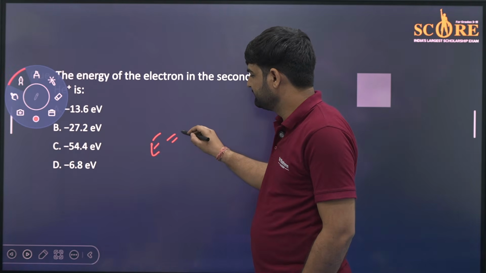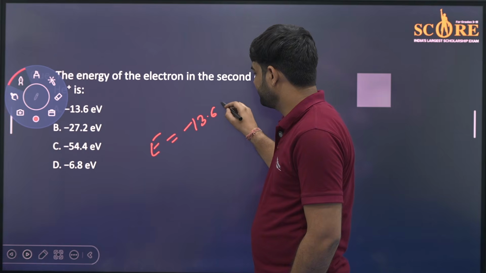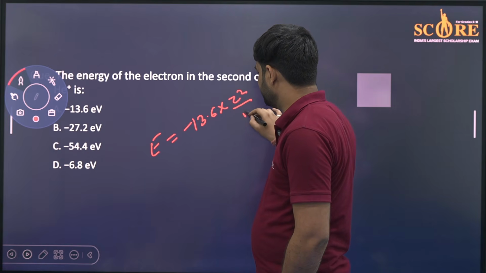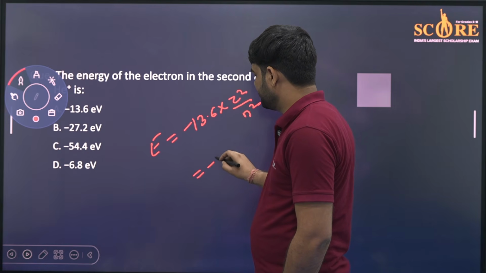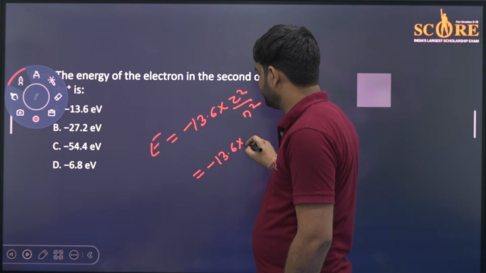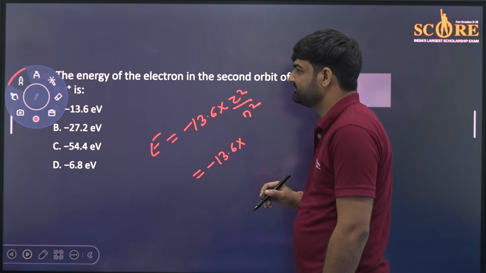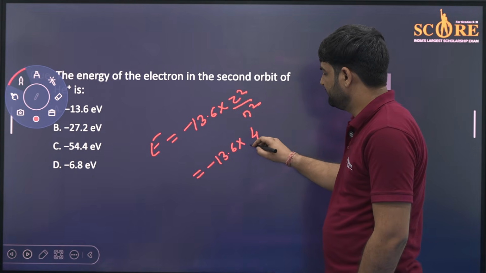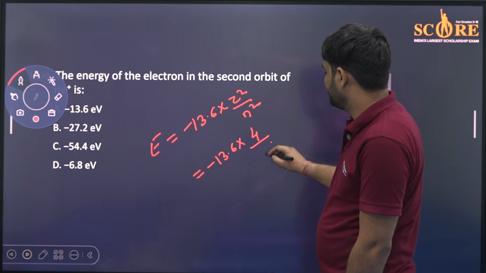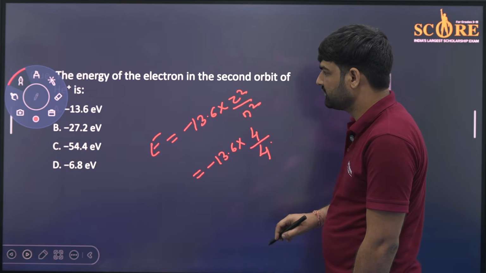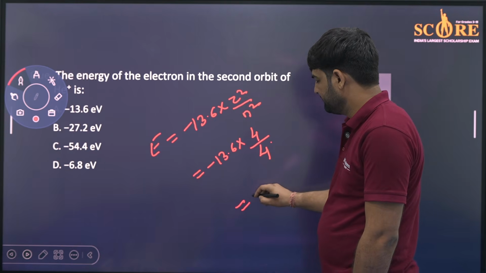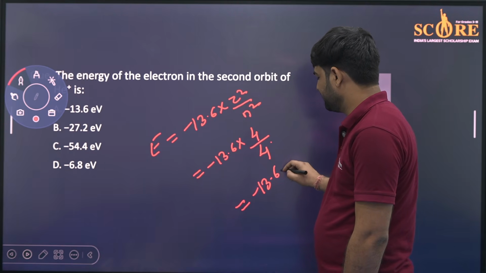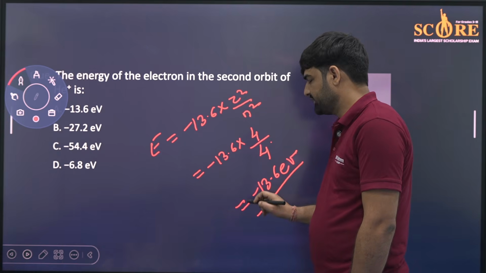Energy equals minus 13.6 Z square divided by n square. Where is Z? For helium plus this will be 2, so Z square is 4, and for the second orbit n square is 4. So your answer will be minus 13.6 electron volt.